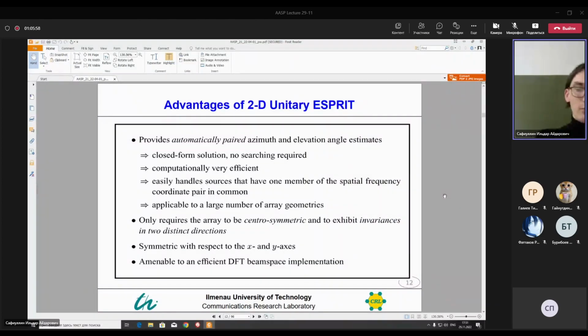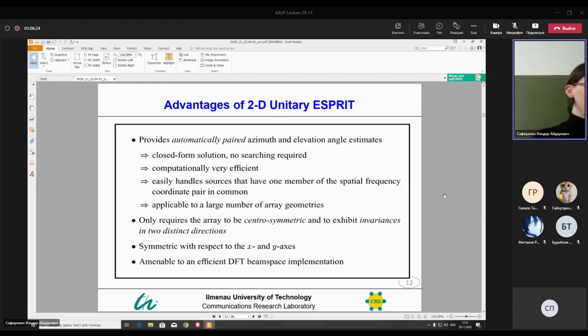And the last point here, let's say the 2D unitary ESPRIT algorithm is amenable to an efficient DFT beam space implementation. So we will look at this DFT beam space just with one eye, let's say.